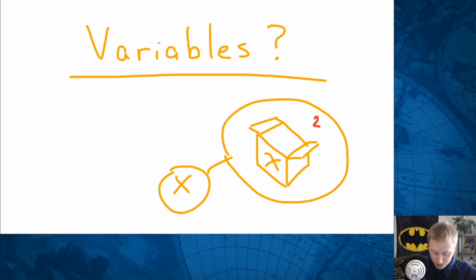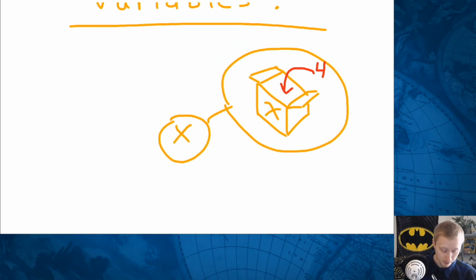I can put a number, let's go back. Let's use our number 4 here, and we can insert that 4 into the box. And now X represents 4. When we look at the box, we see X, but we know inside, secretly, is the number 4. But it doesn't have to be numbers, okay?